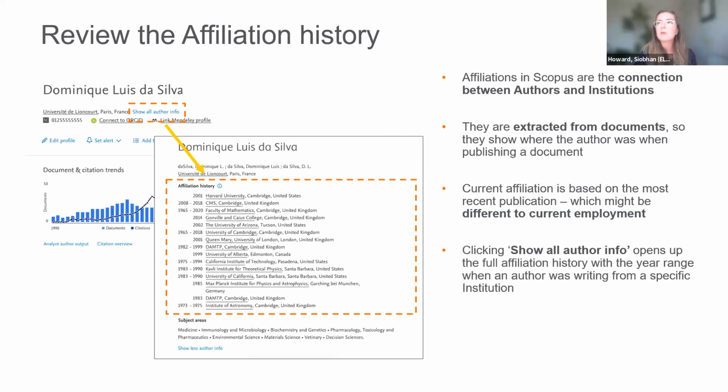So this can be really important to keep in mind if you have dual affiliation in some circumstances, or you're in the middle of a career change and you've just landed in a new institution, but perhaps you haven't actively published with them yet. You would not appear with that new institution's affiliation unless you published with them.